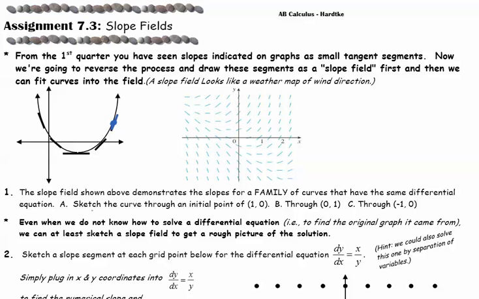So in question 1, first we want to use this slope field or direction field and find the curve that goes through the point 1, 0. So if we locate 1, 0, and then we follow the tangent curves to the best of our ability, and the closer the slope field is drawn, the easier this will be.